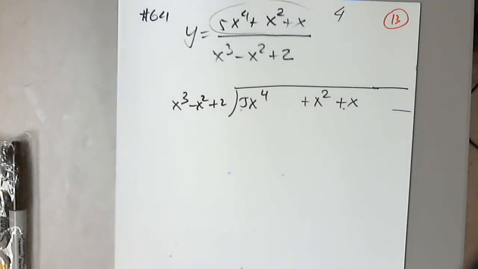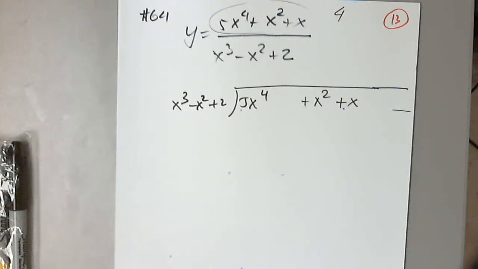But the numerator has degree 4. Any degree 4 polynomial has to have 5 terms. But this one doesn't. It has degree 4. It does not have degree 3. It has degree 2, it has degree 1, and it's missing degree 0. This one I don't care, as long as it's in descending order.